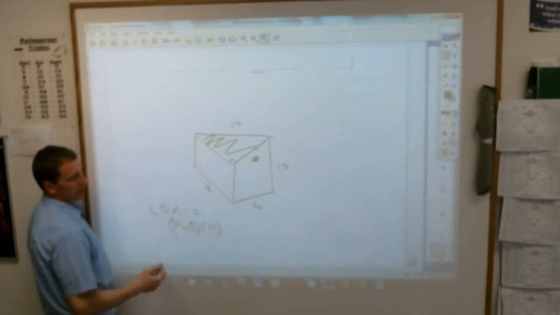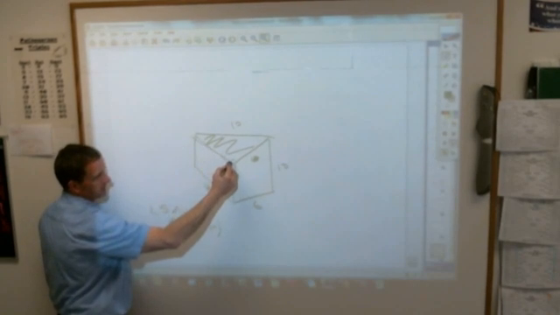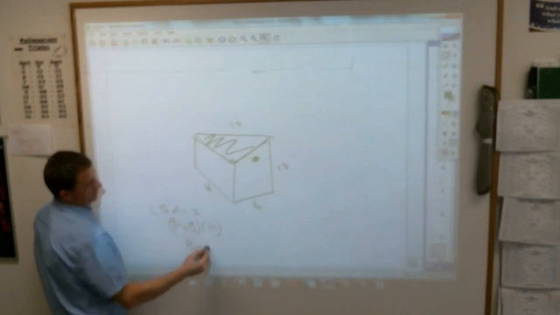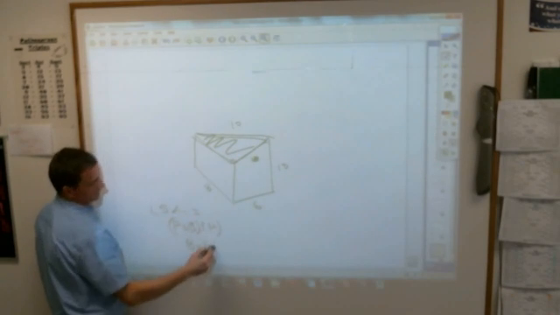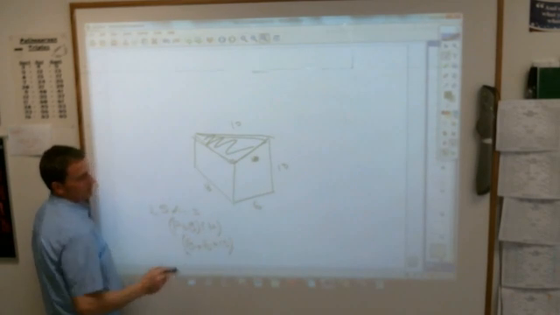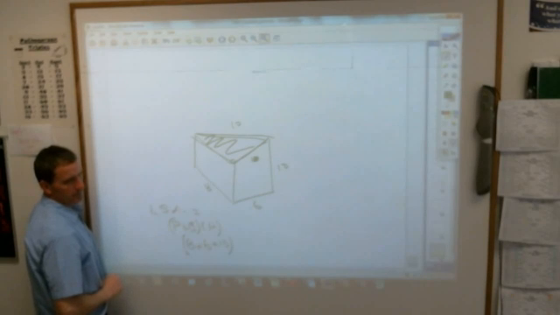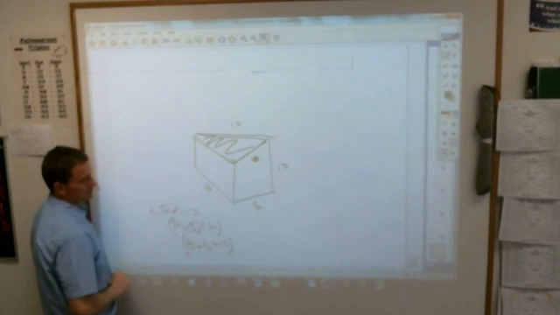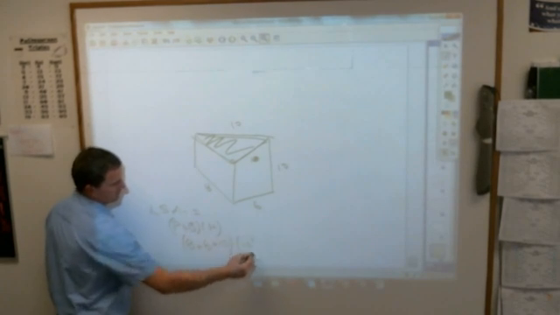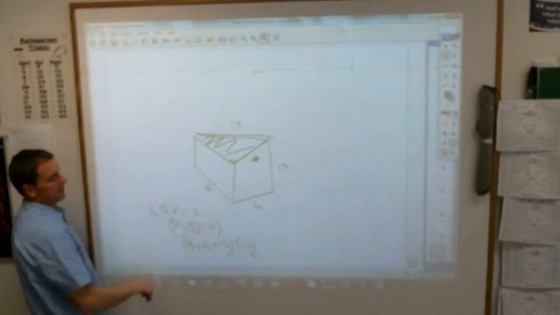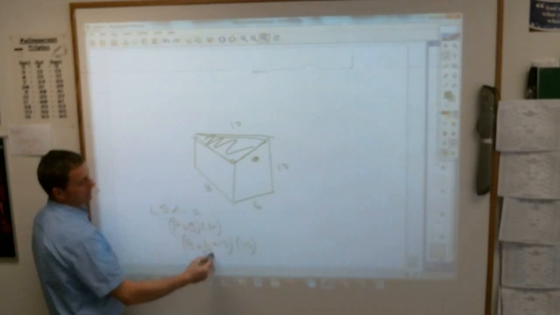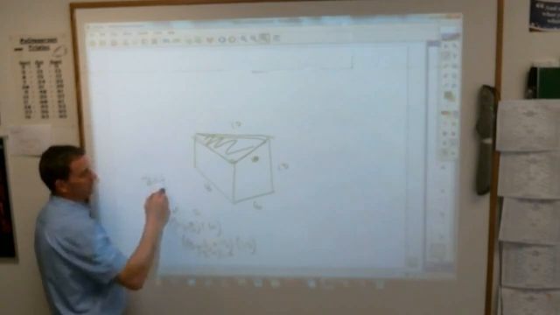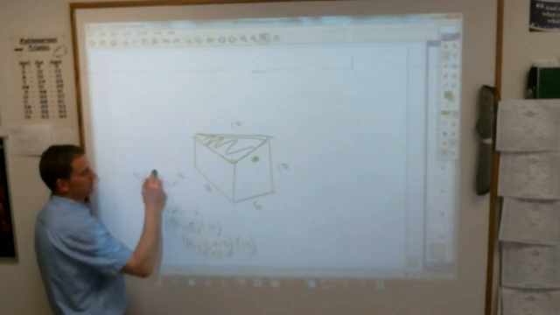It would be what added together? This is 8 plus this plus this, and then the height is? Everybody say it: 10. So 8 plus 6 plus 10 is 24. 24 times 10 is 240, whatever that is, inches squared.